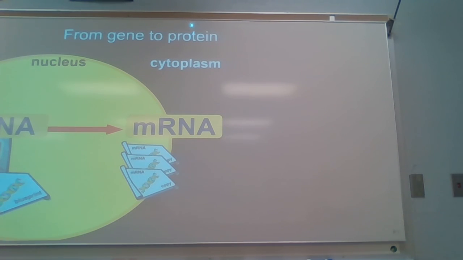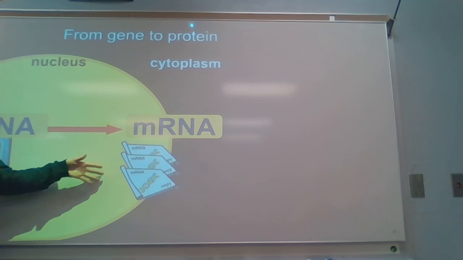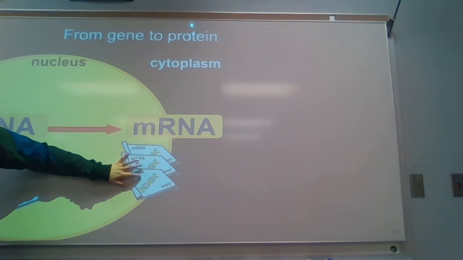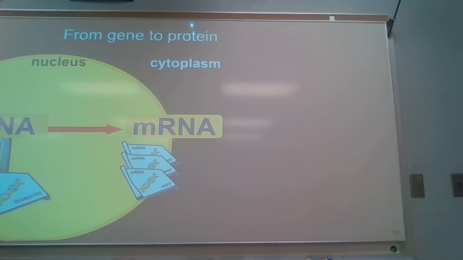So this step between DNA and protein, making this mRNA, that's making copies of the instructions, so that we don't have to worry about messing up the original. So these are disposable copies. We don't have to worry about them getting damaged. So those molecules are in fact going to leave the nucleus and go out to the cytoplasm.